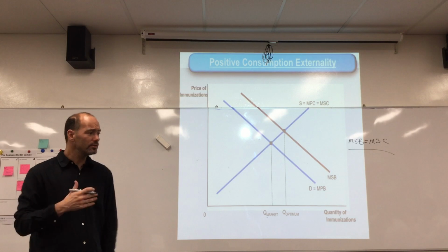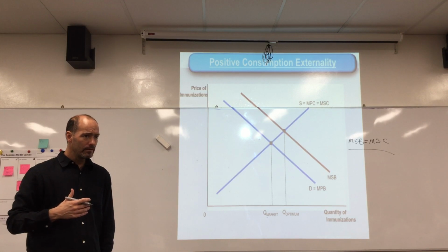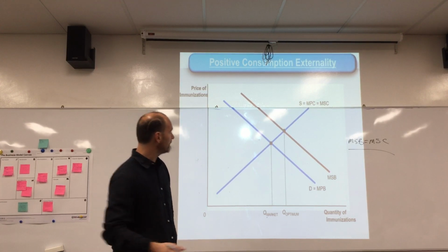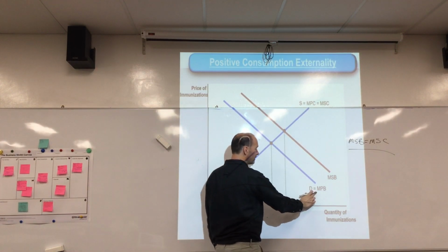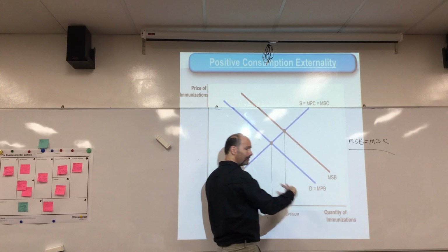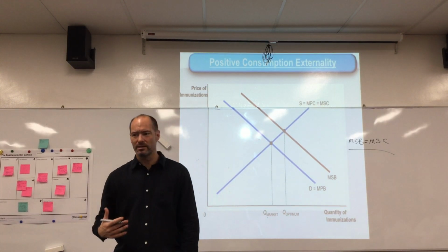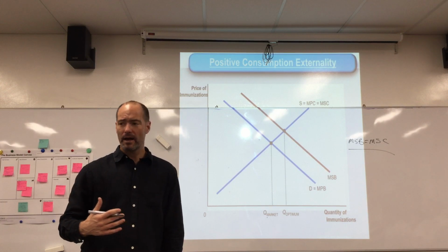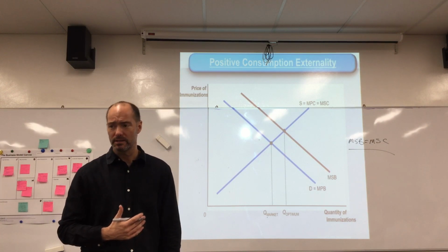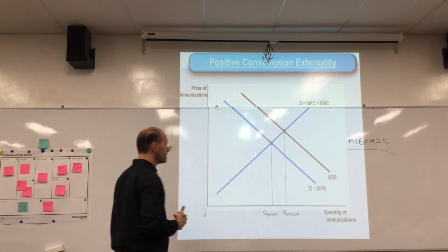And when I consume that, I'm willing to pay some amount of money for that. So that's represented by this private demand, or this private benefit. When I consume the immunization, I protect myself, and I'm willing to pay whatever the price is in order to do that.